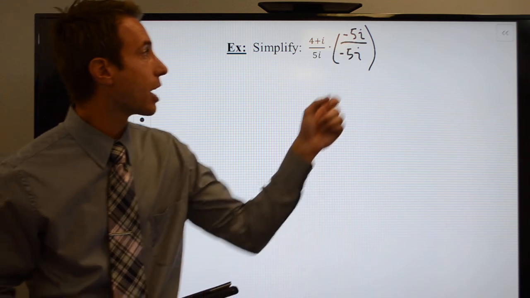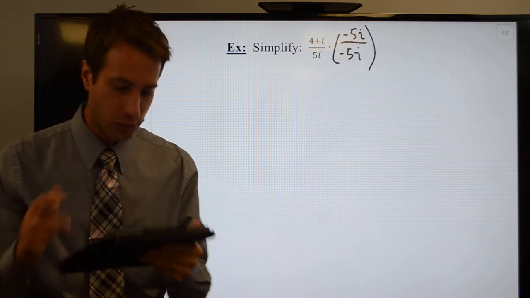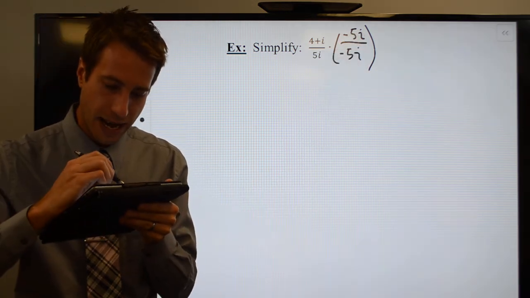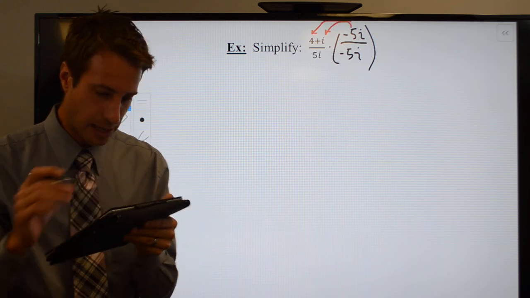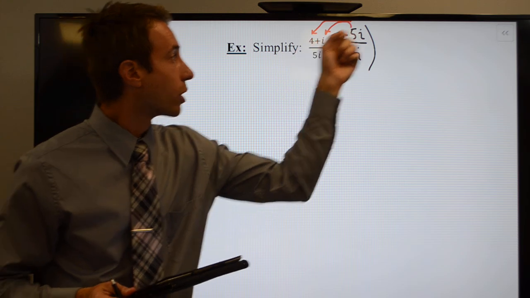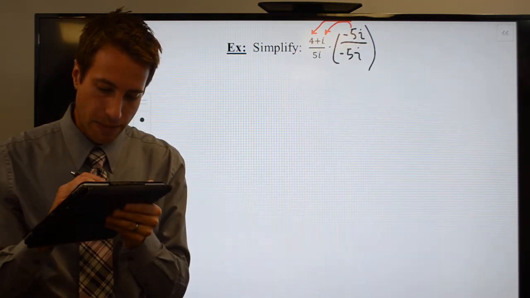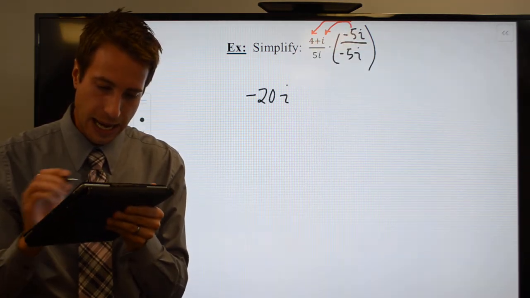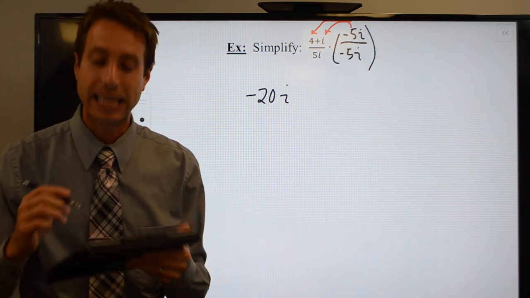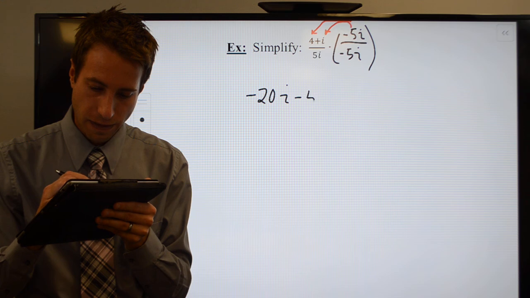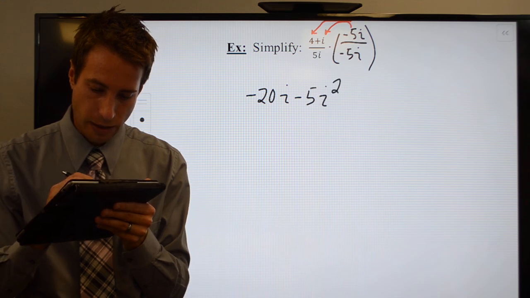In the top, here we go. It's just a 4 plus i, so I will simply multiply that minus 5i times both of these. 4 times a minus 5i is going to be a minus 20i, and a minus 5i times an i would be a minus 5i squared.